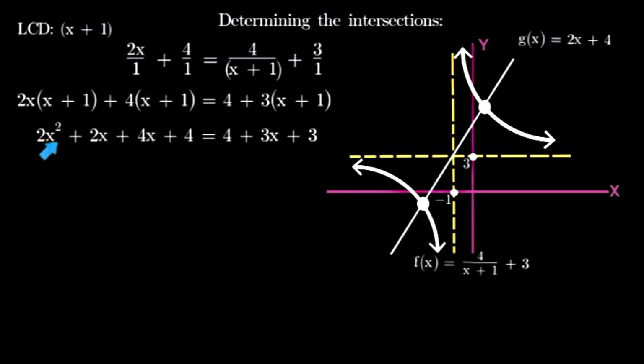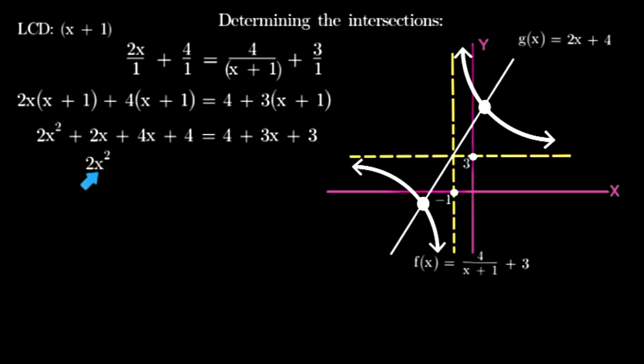And now if we look at the equation we are left with, it is a quadratic equation because there's an x to the power of 2. So to solve a quadratic equation, we're going to move all our terms to one side and then simplify and then do factorization. You remember that, right? So 2x squared is the only x squared term here, so we can write it down.